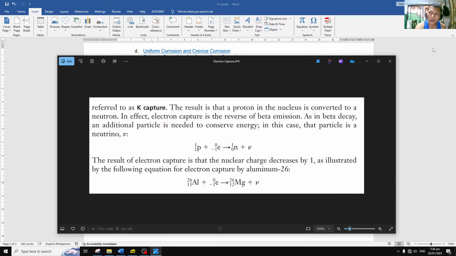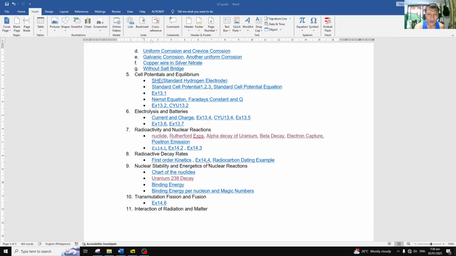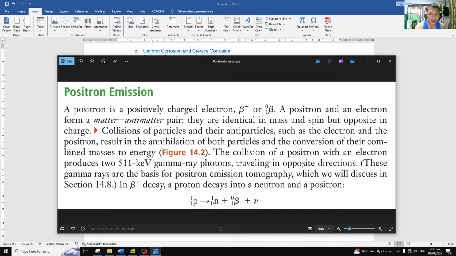Okay? So, anyway, the last one is positron emission. Positron is believed to be the antimatter of matter, because the first subatomic particle discovered was the electron.